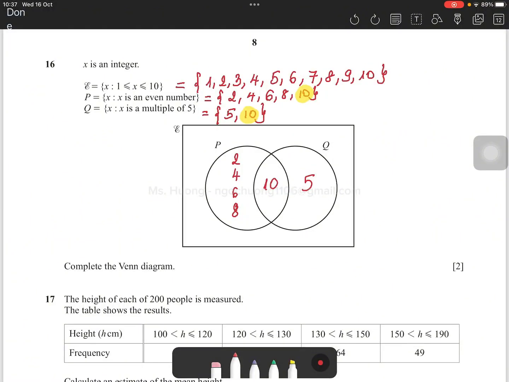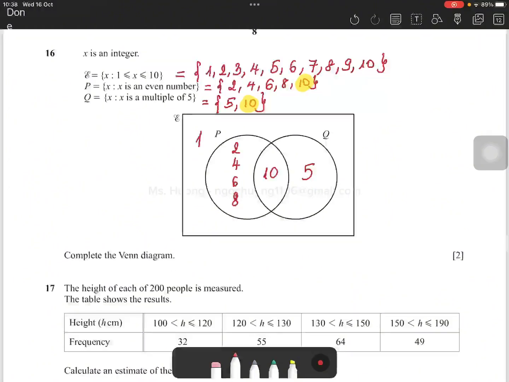And now we'll write down the other elements of the universal set. We just count from 1 to 10, and if there's an element in P or Q, we'll skip that number. So let's count 1, 2, 3, 4, 5, 6, 7, 8, 9, 10. So only 4 members in this set.